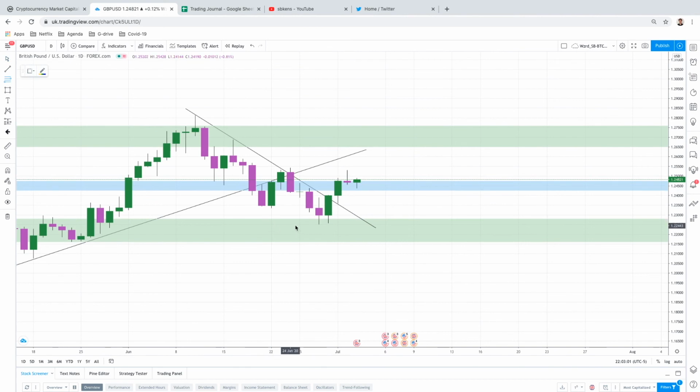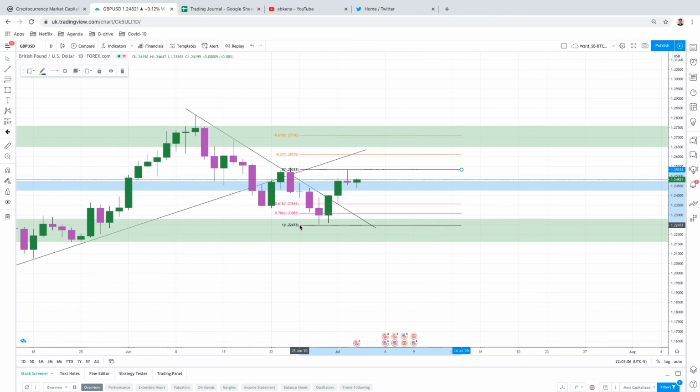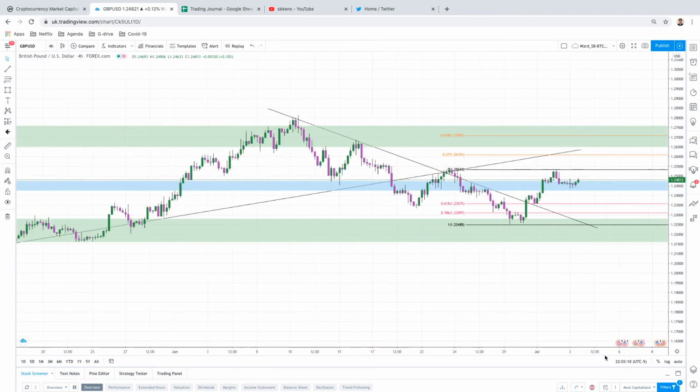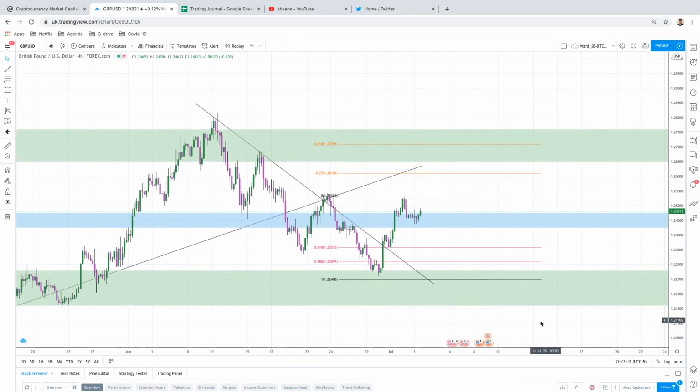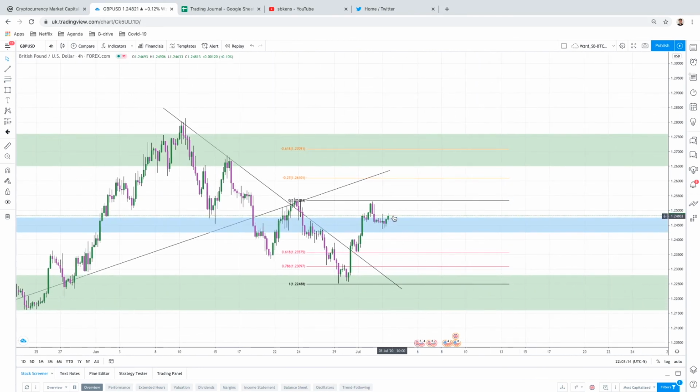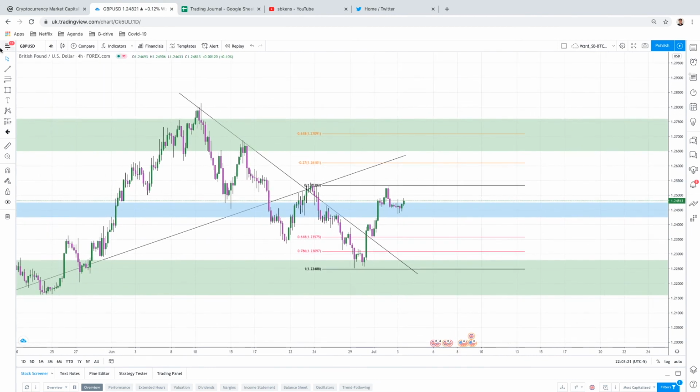If we just draw our Fibonacci on the daily time frame, maybe even zoom on the 4 hours so we can get a better idea. Again, we are above, but we could possibly close below. Well, I say we're above, but the market's closed.